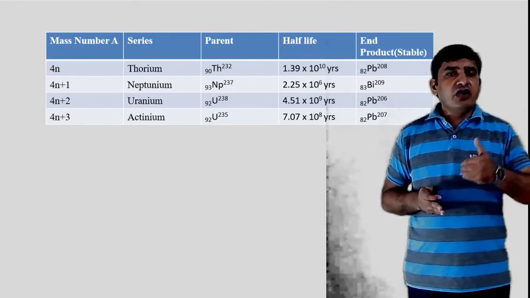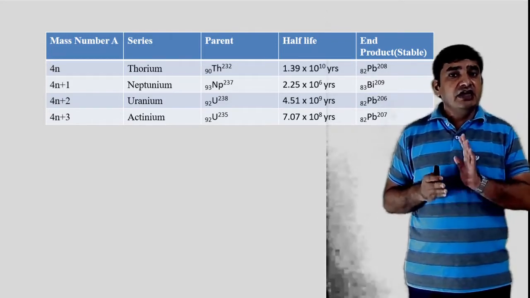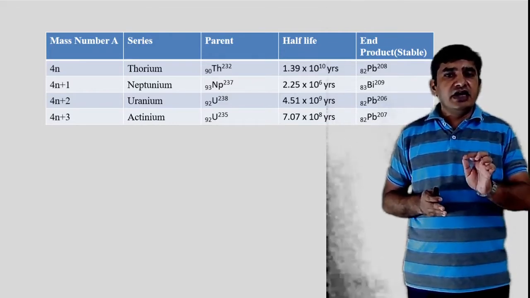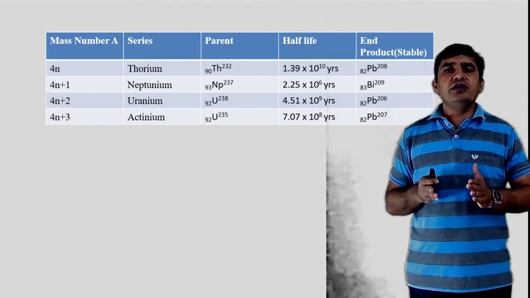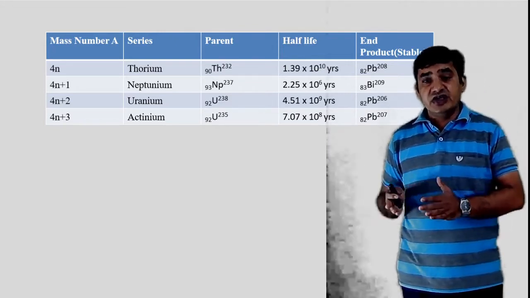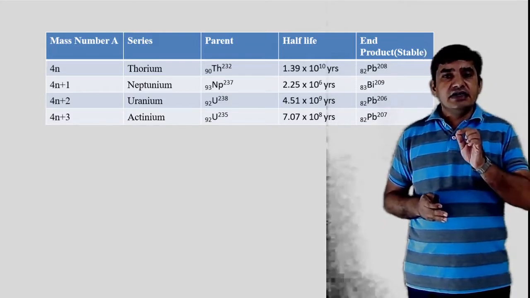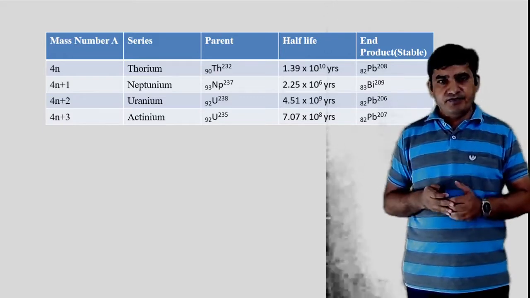The 4n plus 1 series is the neptunium series, in which the parent is neptunium 237. The half-life is 2.25 times 10 to the power 6 years, and the stable end product is bismuth 209.